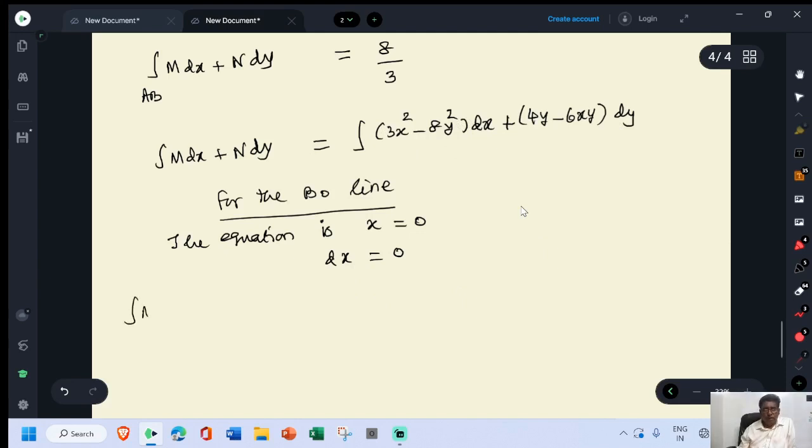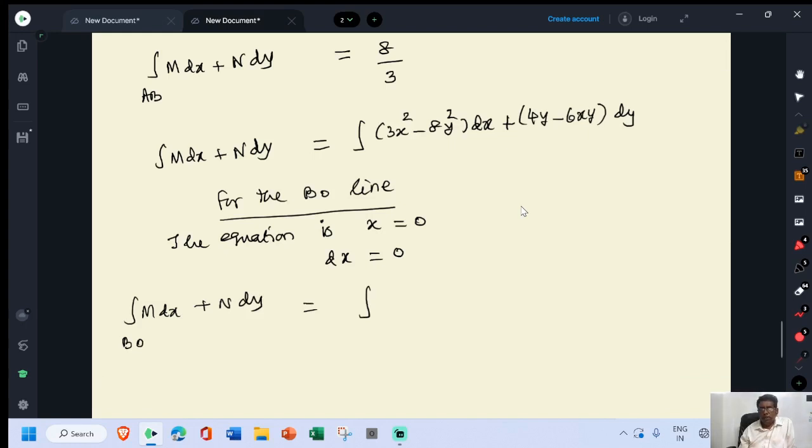Therefore, m into dx plus n into dy for the BO line is equal to the integral where x equal to 0 and dx is 0, so that entire term is 0. Here, if you put x equal to 0, this is 0. So, 4y into dy. Here the limit is 1 to 0.